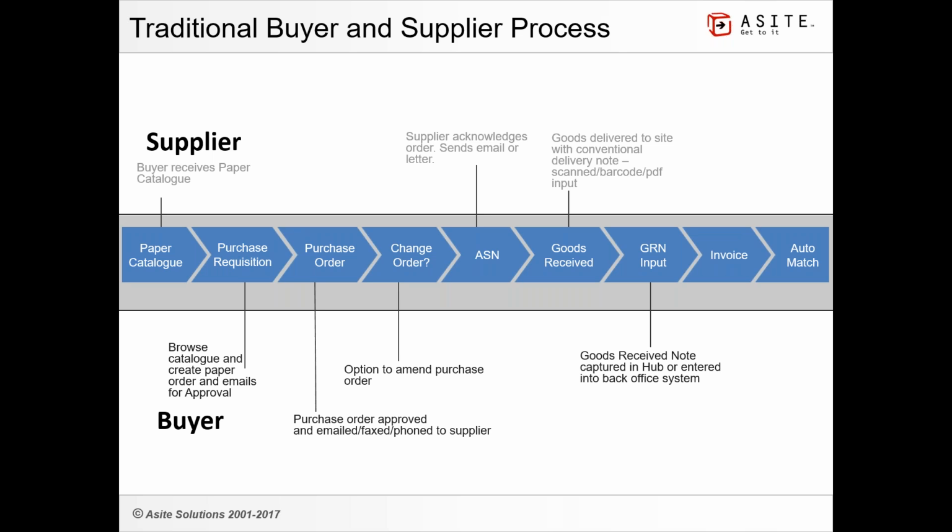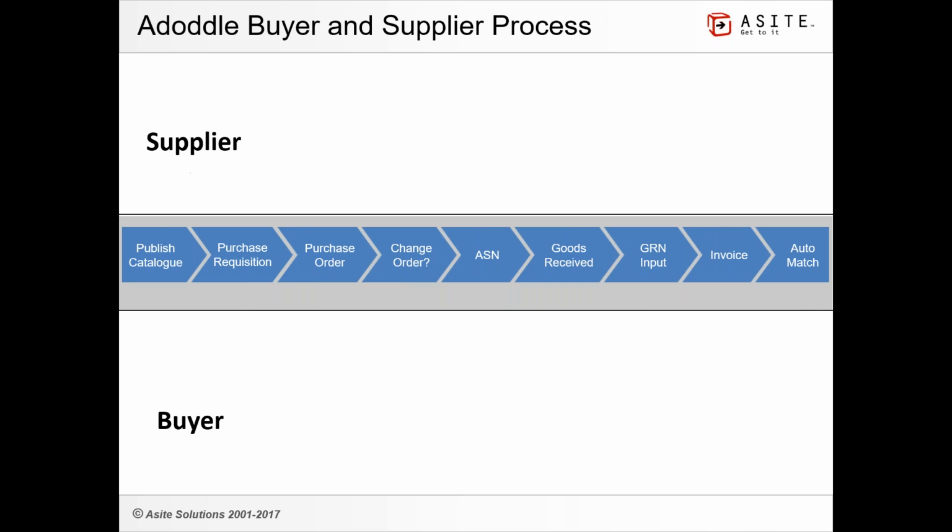Once the GRNs are input, the invoice will be received from the supplier, and this will also need to be manually entered into back office systems. There is no auto match. This would have to be done manually by the accounts teams or by the purchasing teams.